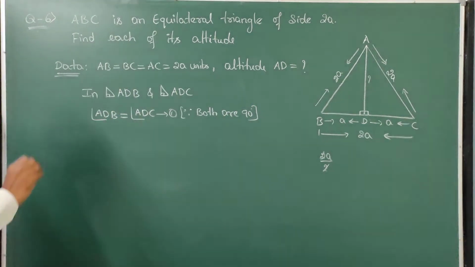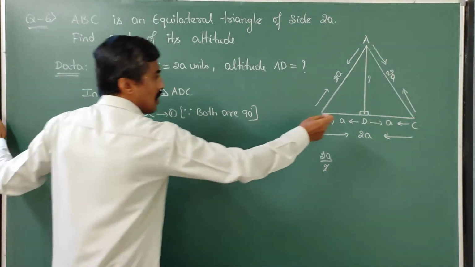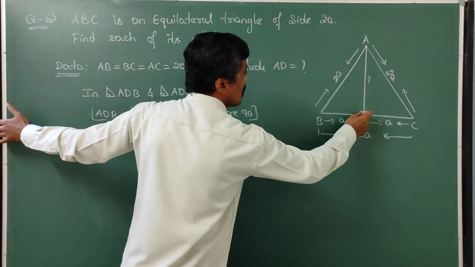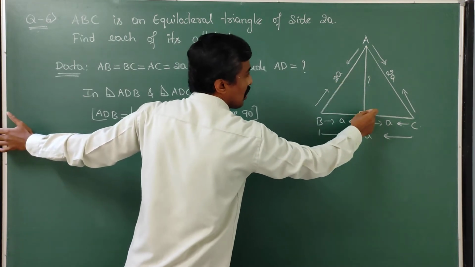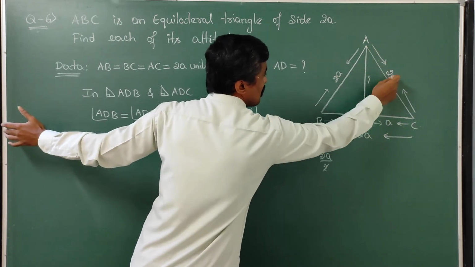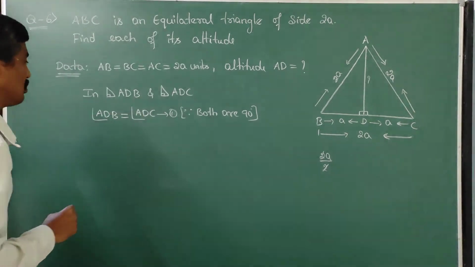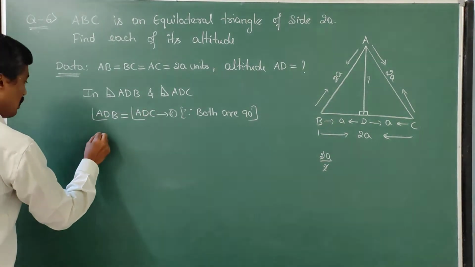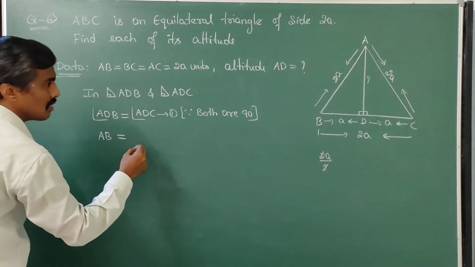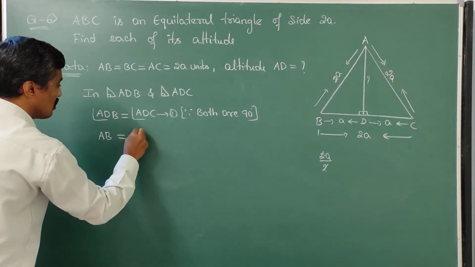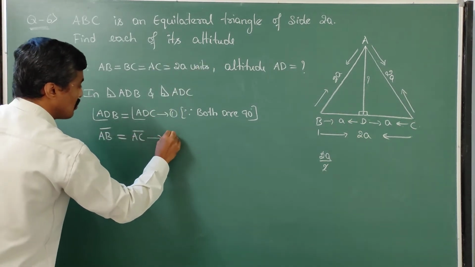That is point number one. Then if it is 90 degrees, AB is the hypotenuse. Here AC is the hypotenuse, both are equal, so 2a units. So I'll write the second point: AB in triangle ADB, in the other triangle it is AC, is equal to AC, point number 2.